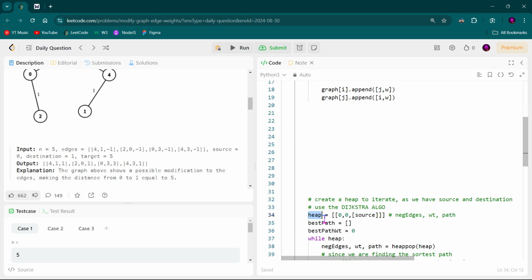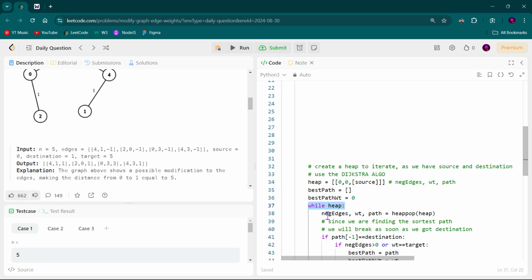First, I created a heap where negative edges, weight, and a path which I'm going to follow. So in the starting, it would be the source. And there's a best path and the best weight. I will tell you later what this is. So what is it? While heap, let's pop the minimum.